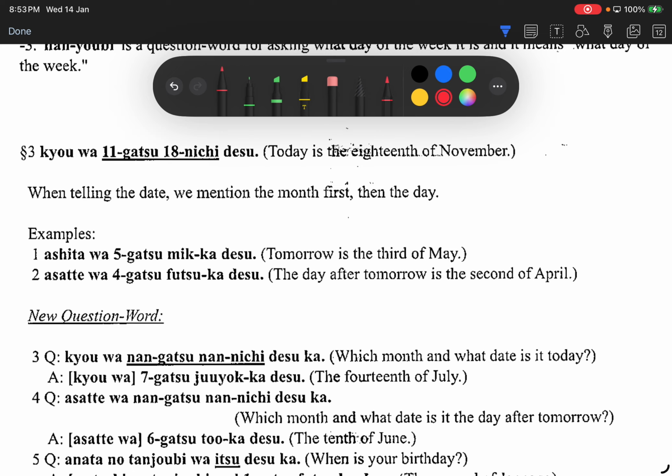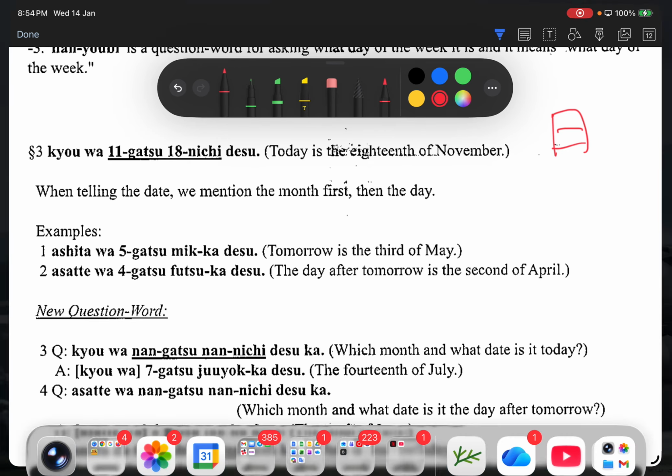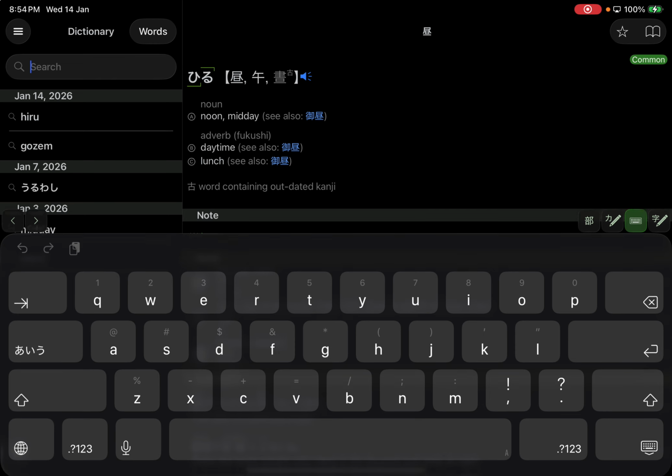When we have these special namings, we don't need to add nichi behind. For example, 11 is 11 nichi. We have to add the word nichi behind to say that it is the 11th day. But for special ones like 1 to 10, 14, 24 and 20, they already end with this letter called ka. So ka is another reading for day. So what I'm saying is, okay, I'll show you, nichi.